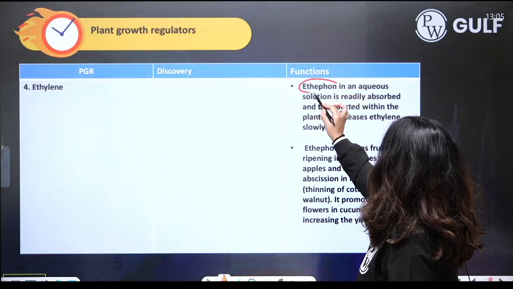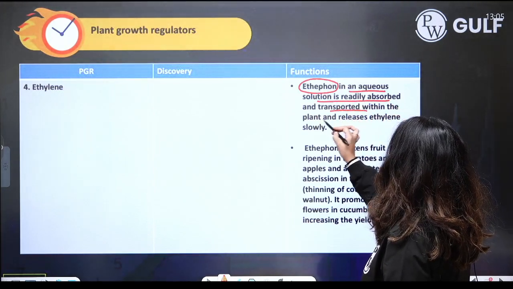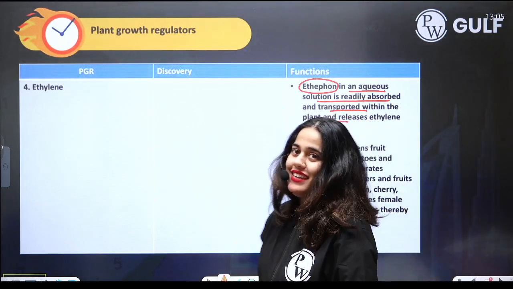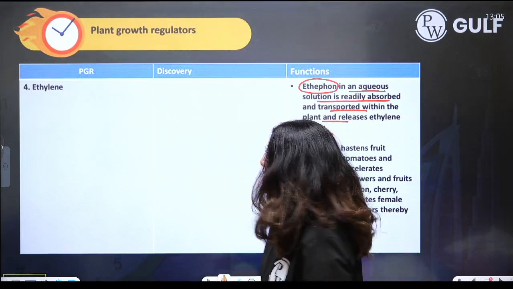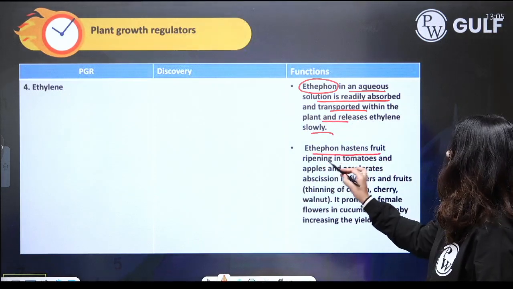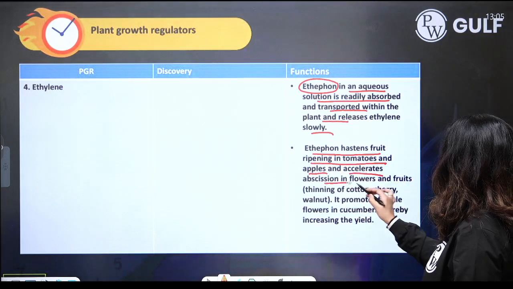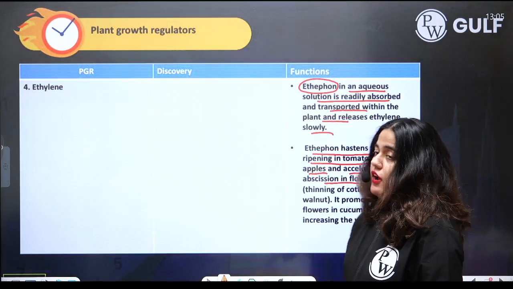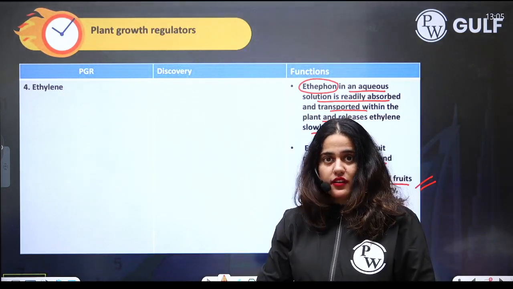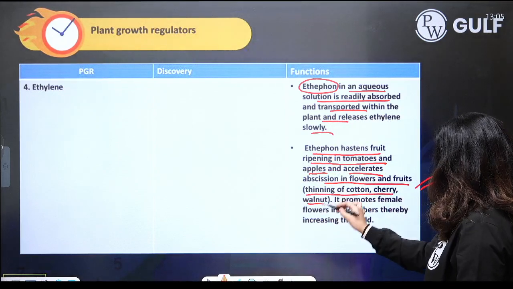Ethephon is an artificial source of ethylene. It's an aqueous solution. When we spray this on a plant, it releases ethylene. Ethephon speeds up the ripening of tomatoes and apples, and accelerates abscission in flowers and fruits. It makes sure that when the flower and fruit mature, they fall down. It also causes thinning of cotton, cherry and walnut.